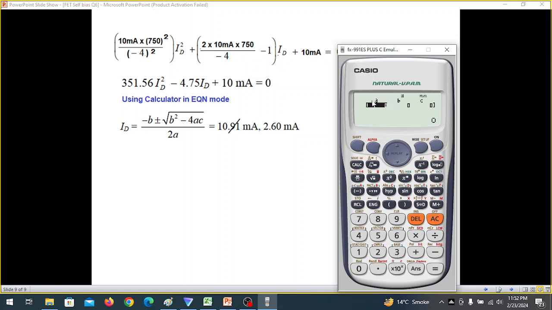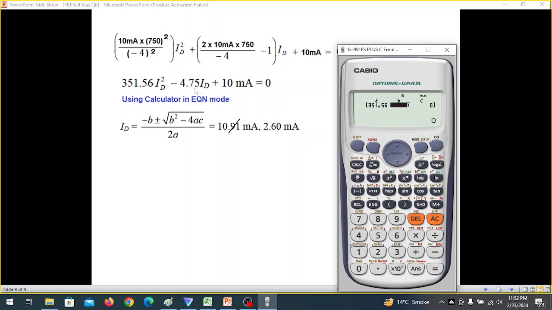And now it is asking the values of A, B, C. Now, if you remember the quadratic equation, we have ax square plus bx plus c. So this is our A. Let's put it: 351.56, equal. So this is entered.